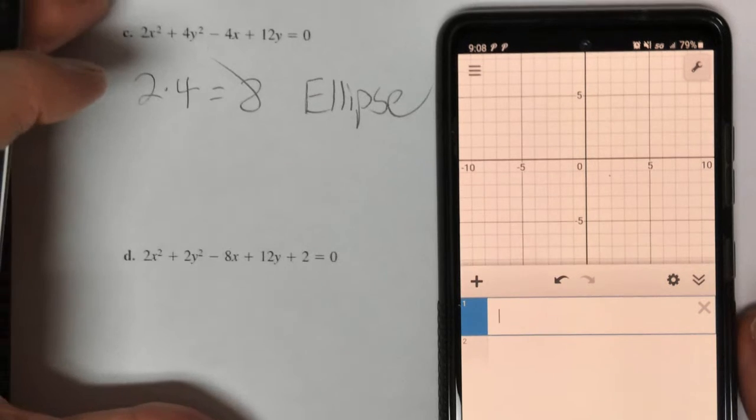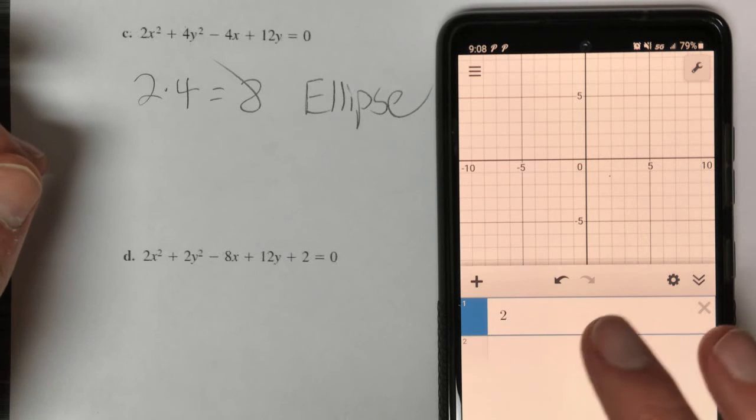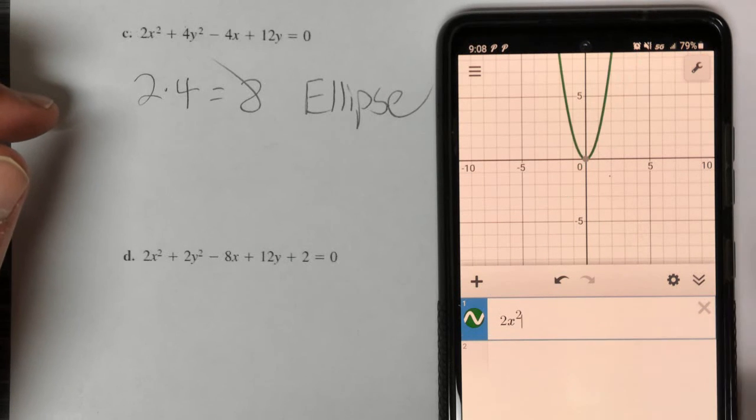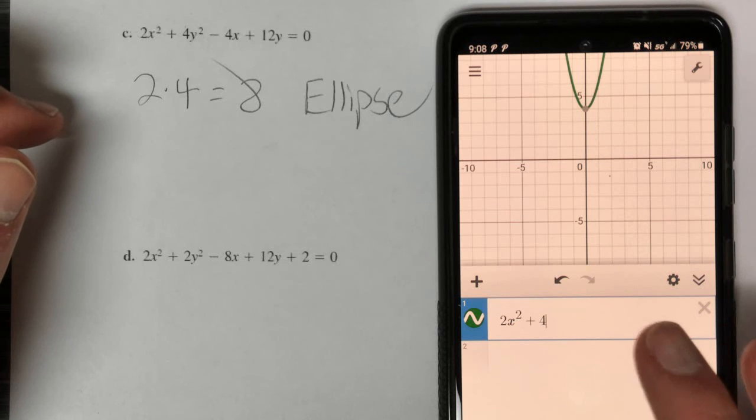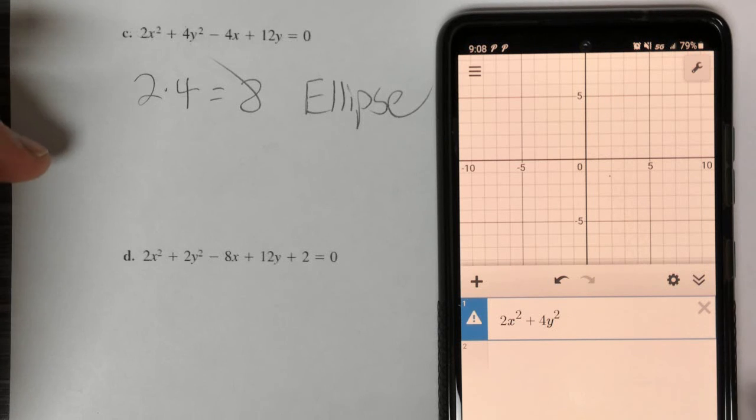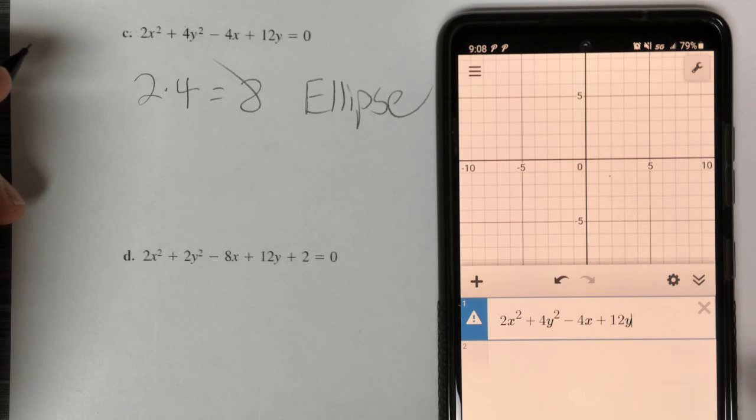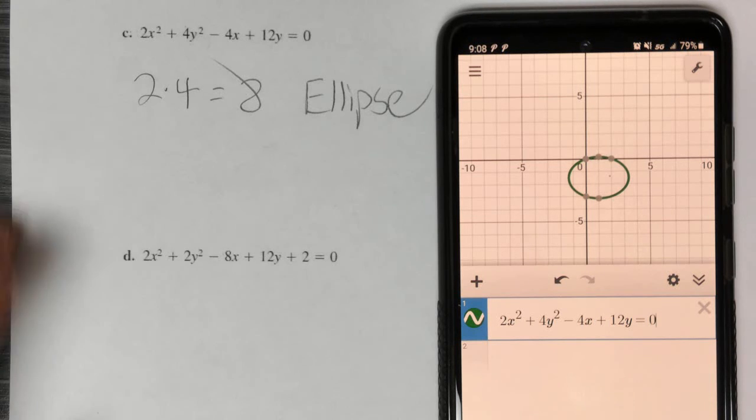Let's graph it and see if that is indeed the case: 2x squared plus 4y squared minus 4x plus 12y equals 0. And we can see we do have an ellipse.